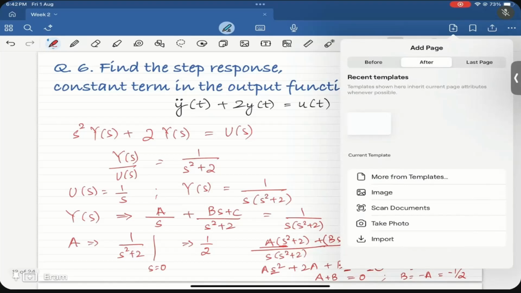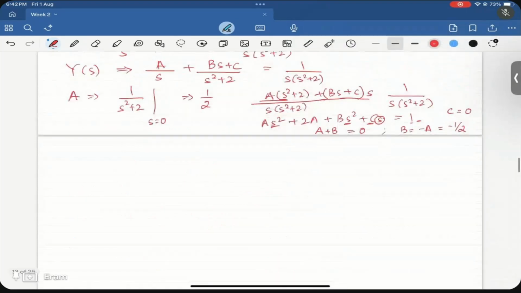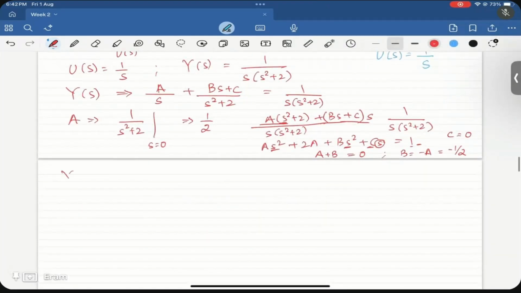So what will be the partial fraction? Y(s) can be written as A is 1/2, so 1/(2s), B is minus 1/2, so minus (1/2)s/(s² + 2), because C is 0. So what is the inverse Laplace of Y(s)?